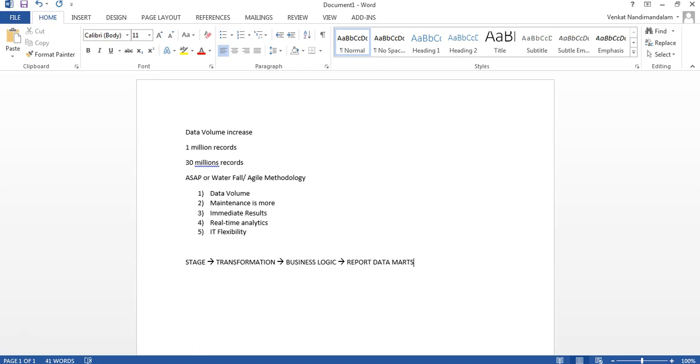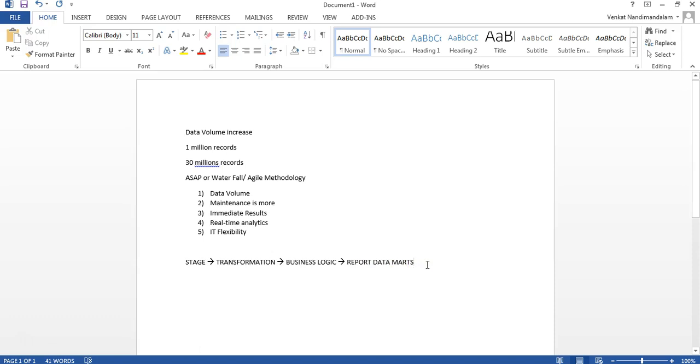So you are going to have so many layers before you transform your source data into proper analyzable data, which means if a customer comes with a change or a new requirement tomorrow, you have to modify all these layers. You have to modify at your stage, and then change your transformations, then change the business logic, and then execute everything so that they get the additional requirements in their final report data marts.